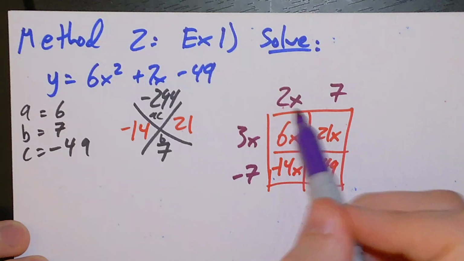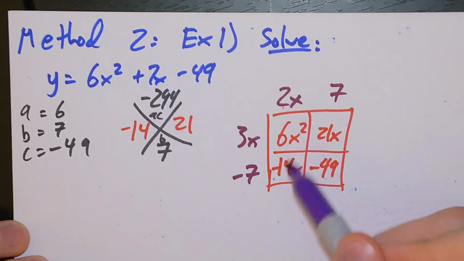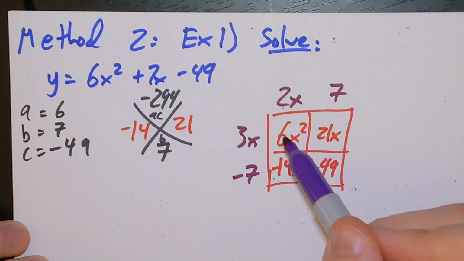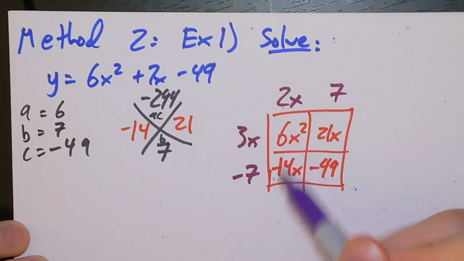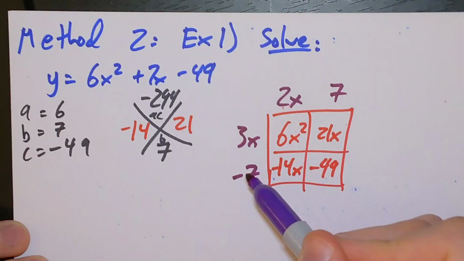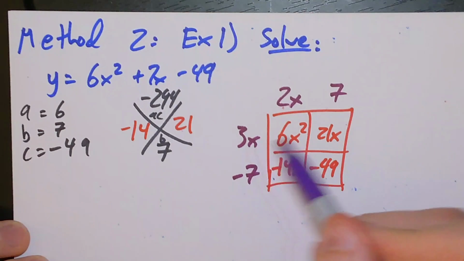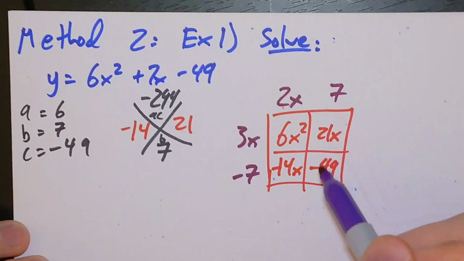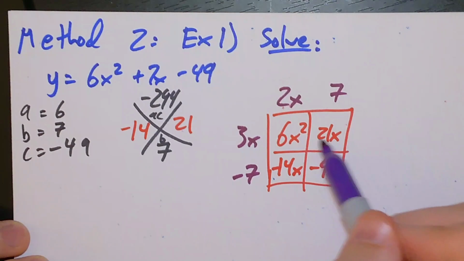So here we're saying, okay, what do these have in common? They both have an x in common. And then we have 6 and 14, so there's a 2. I can divide both those by 2. If I divide both those by 2, that means this has to be negative 7, this has to be 3, which leaves this being 7 because 7 times 3 gives us 21.